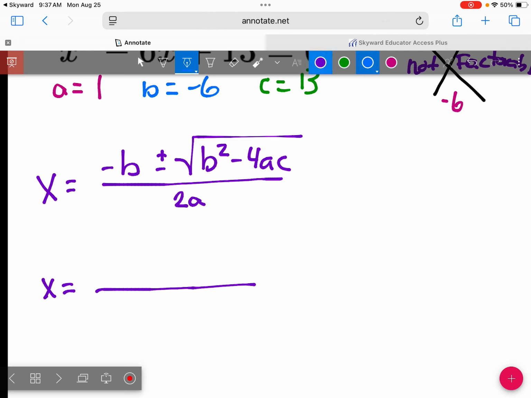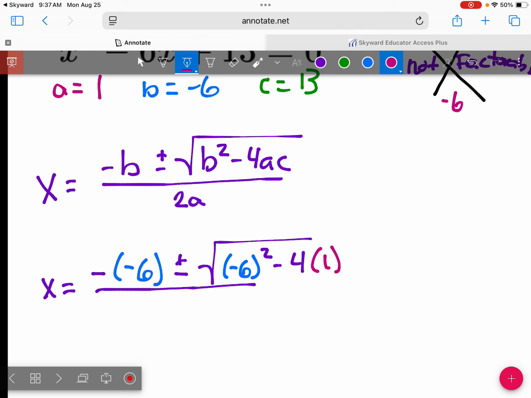So we're going to have the opposite of negative 6 plus or minus the square root of negative 6 squared minus 4 times 1 times 13, all over 2 times 1.